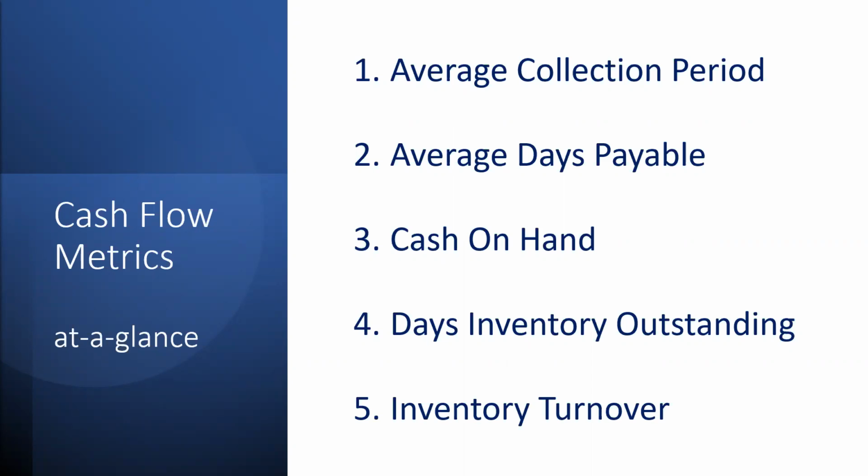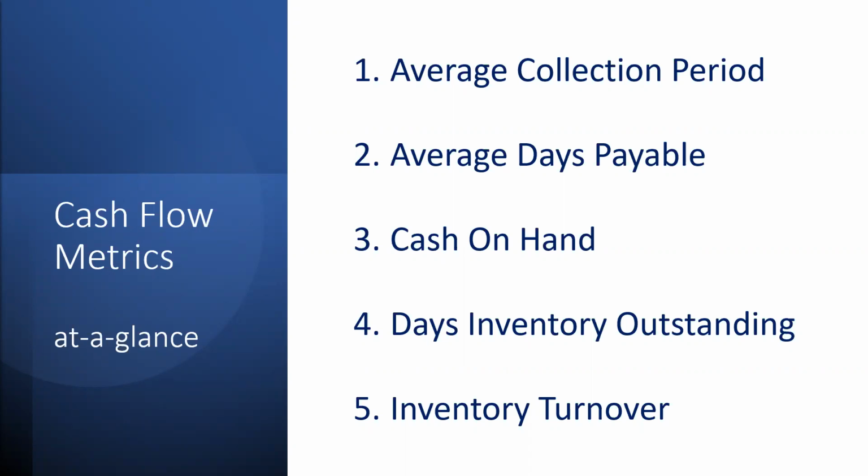And then inventory turnover. So again, the number of times you sell your inventory in a year. So you're going to find maybe that there's certain items that turn over very quickly, and there's some items that turn over slower. So you could base your purchasing on when these items turn over.